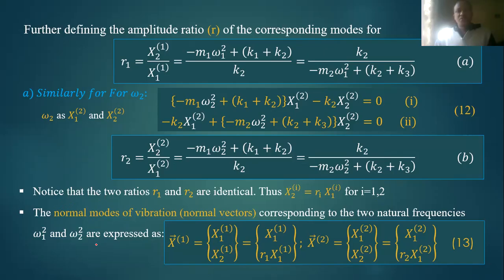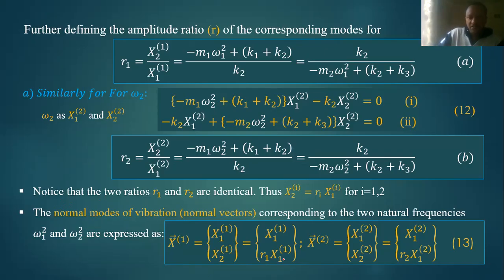So the normal modes of vibration corresponding to the two natural frequencies, omega 1 and omega 2, are given in vector form. So the vector x in the first mode is equal to this for the first mode representation. We can also substitute, rather than x2, R1 X1.